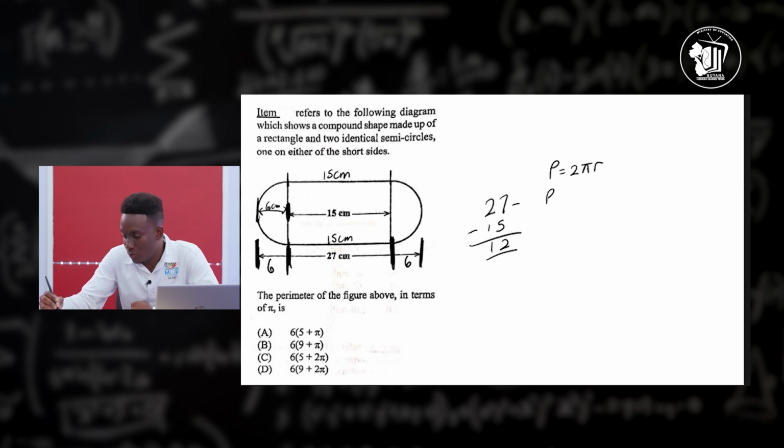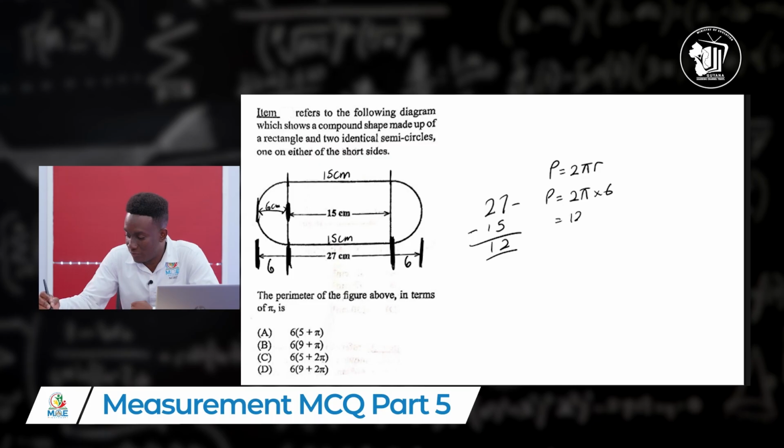So that is 2 pi multiplied by the radius, which is 6. So 2 times 6 would be 12 pi.